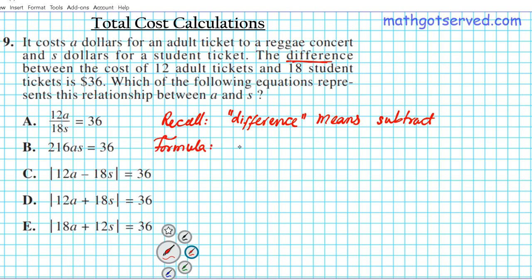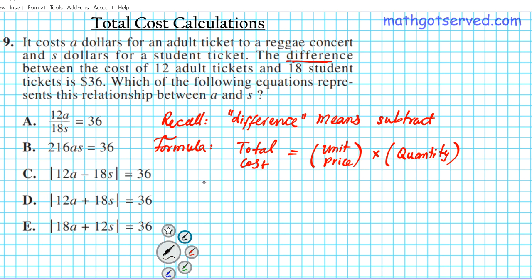Formula for total cost: the total cost is equal to the unit price multiplied by the quantity. Here we're dealing with adult tickets and student tickets, so we have two total costs, and then we're going to be finding the difference between each.